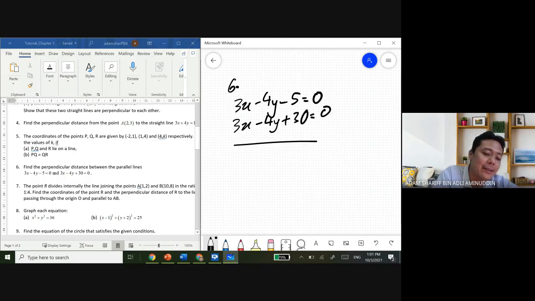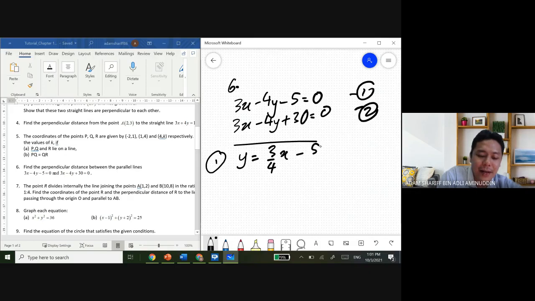Gradient dia pun sama. Ini dalam standard form. Kalau kita tukarkan dia kepada gradient form, the first one will get y equals to 3 over 4x minus 5 over 4. For the second one, y equals to 3 over 4x plus 30 over 4.